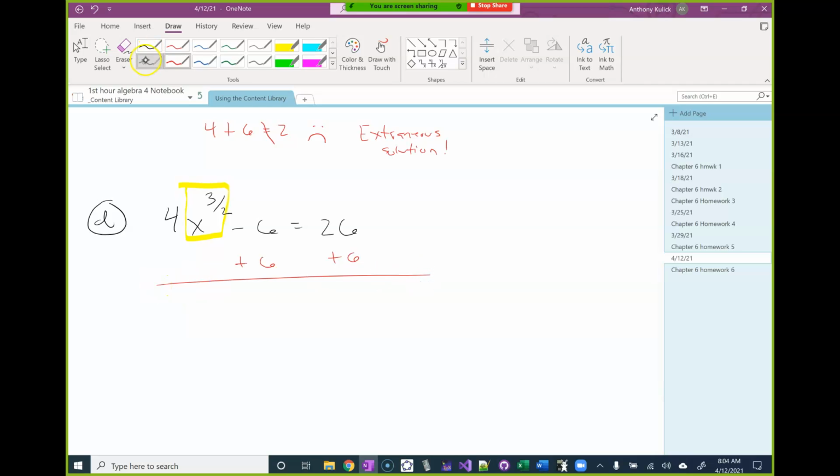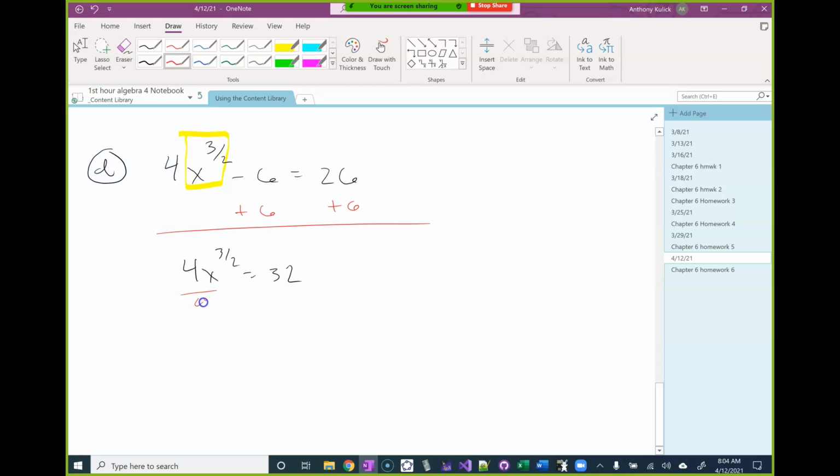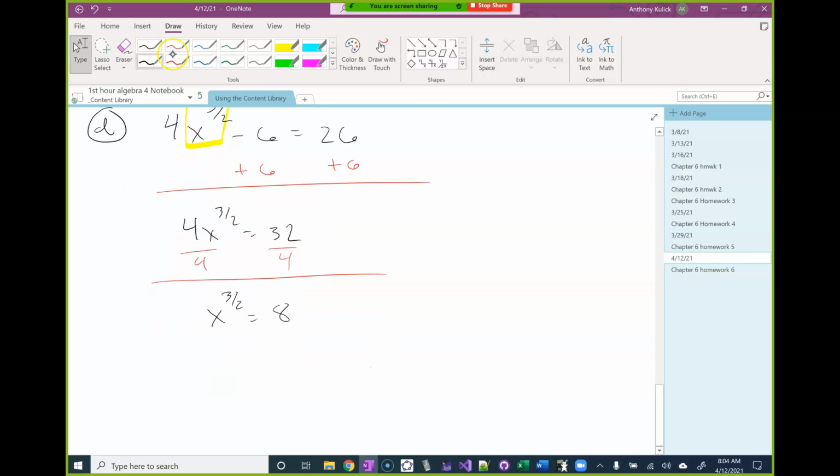So I'm going to start just by adding 6 to both sides. And then we'll divide both sides by 4. And then we have to get rid of this exponent of 3 over 2. Right? So what exponent do we need to get rid of that exponent of 3 over 2?